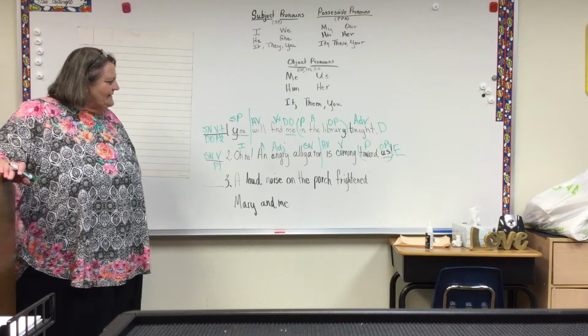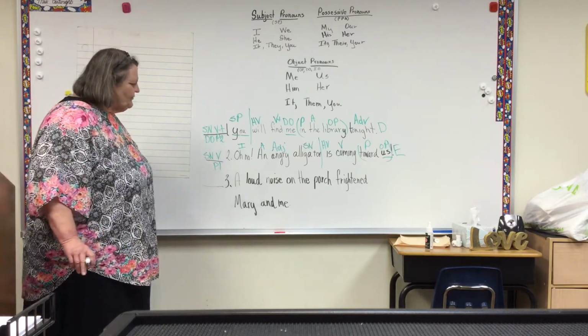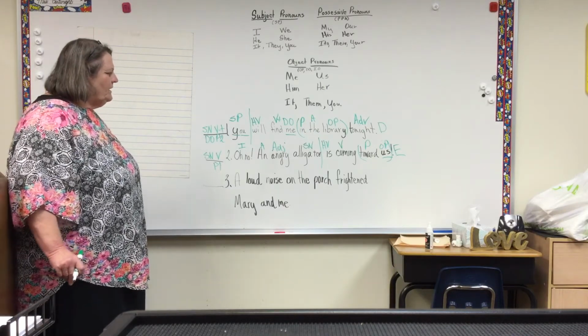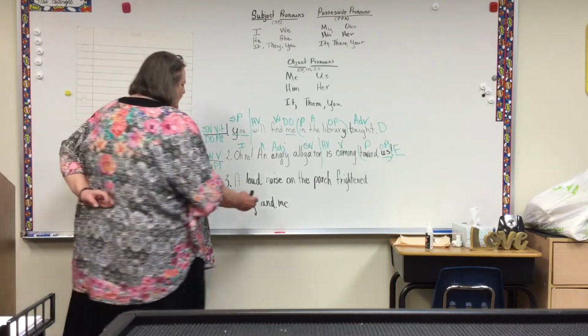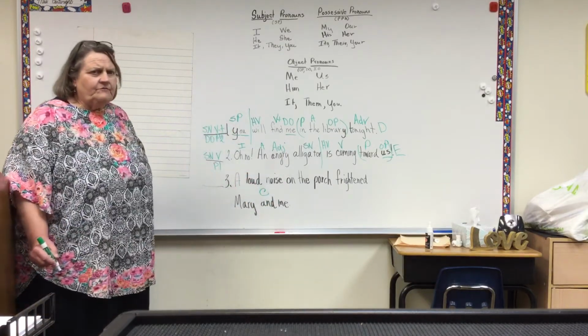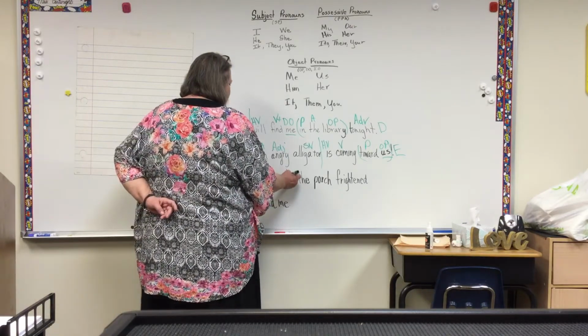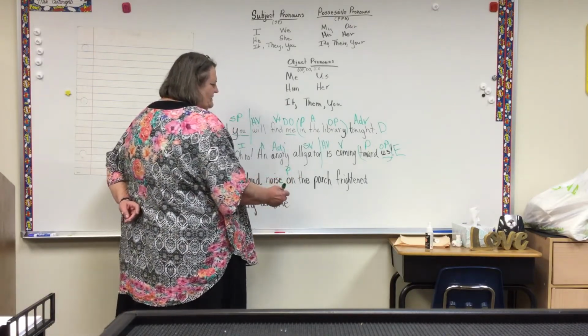Now let's look at number 3. What is familiar in number 3? Well, first of all, I see the word and, so I know something in this sentence is compound, right? Then I have on for a preposition, and I'll go ahead and say on what?